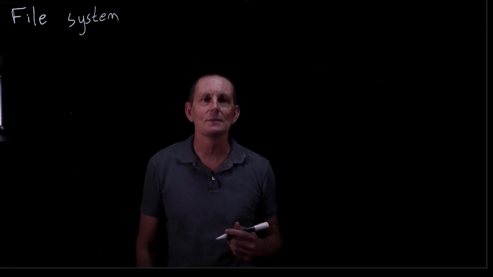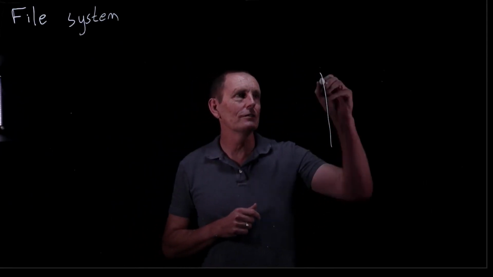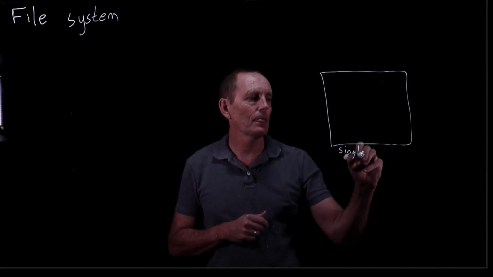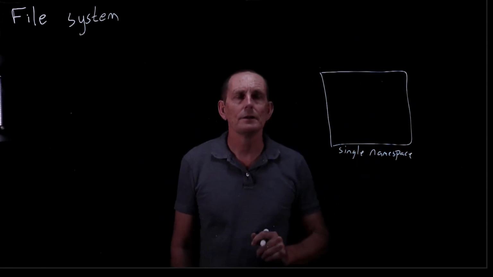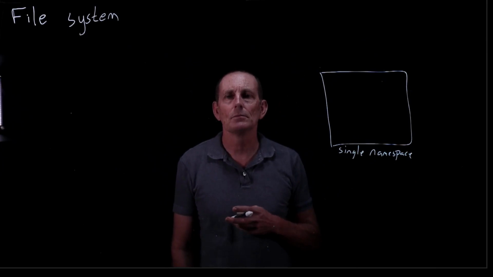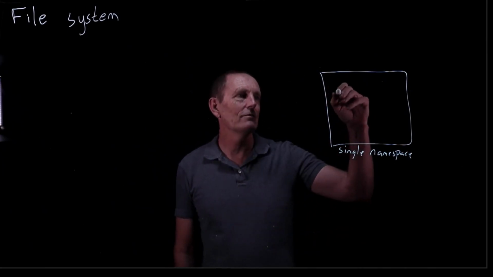One attribute of file systems is the namespaces. So original file systems had a single namespace. All right, this is, for instance, original IBM PC floppy drives. You had a single namespace and you had files in here.